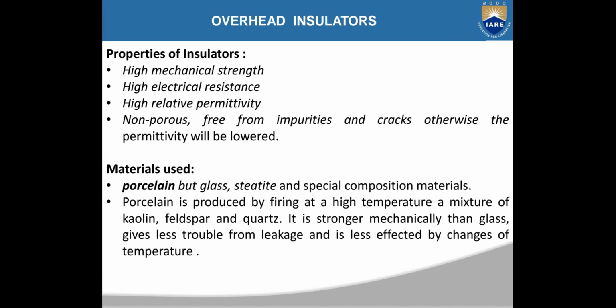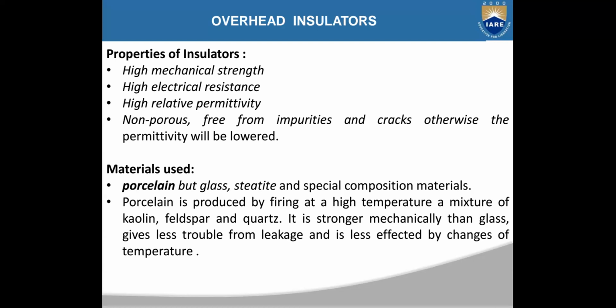This porcelain has high mechanical strength when compared to glass. It is stronger than glass, it gives less trouble from leakage, and it is less affected by changes in temperature.